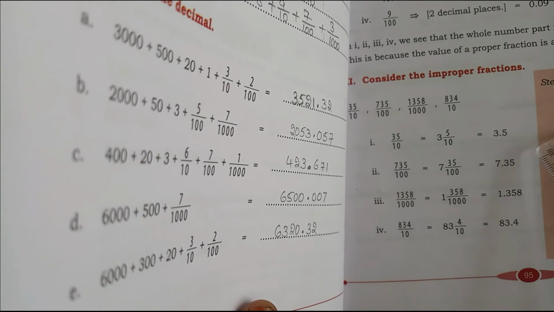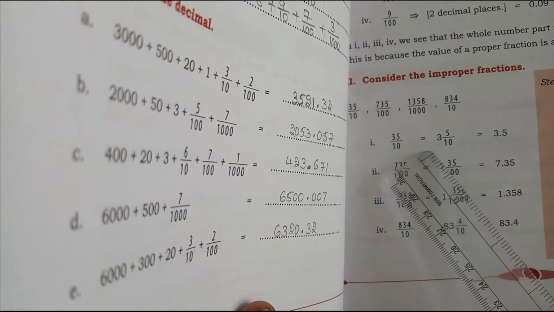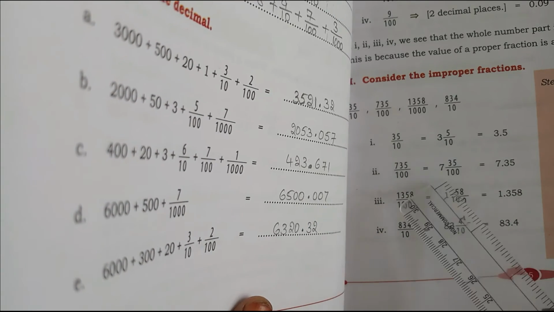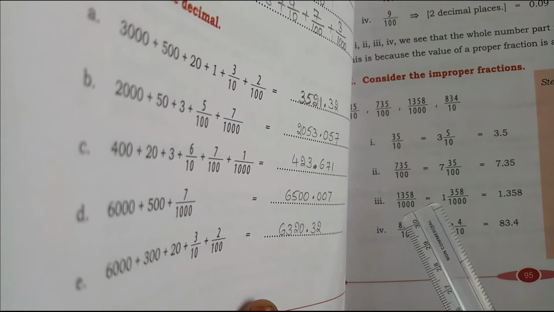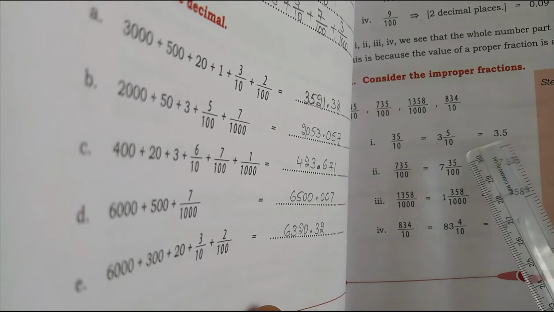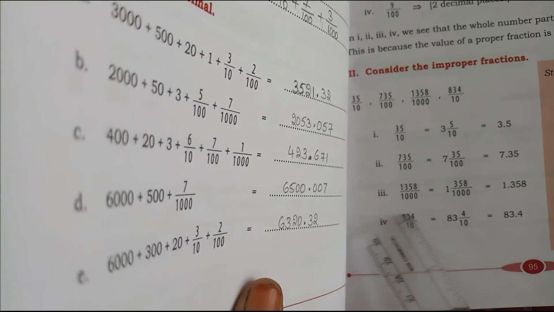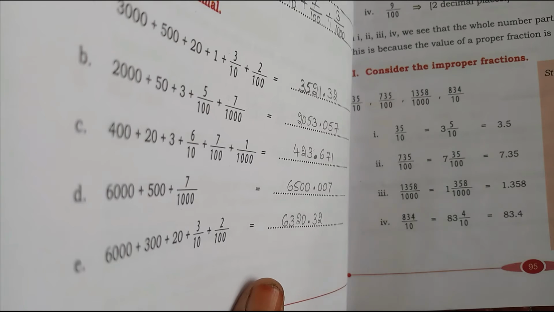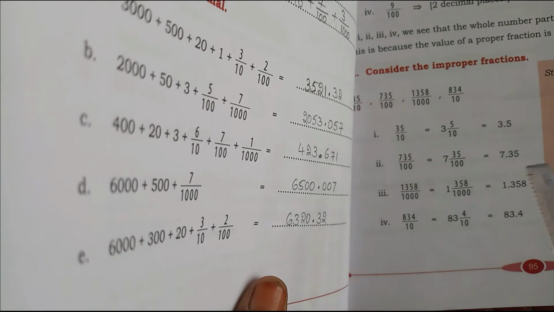First we have to check the number of zeros in the denominator. How many zeros are there here? Only one. If it is 10, then from the extreme right, count one step backwards and place the decimal point. That means we will put here 3.5. Now, if it is thousands, then from the extreme right, count 3 steps back.